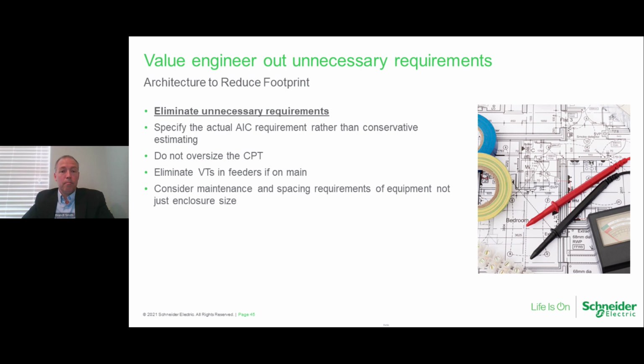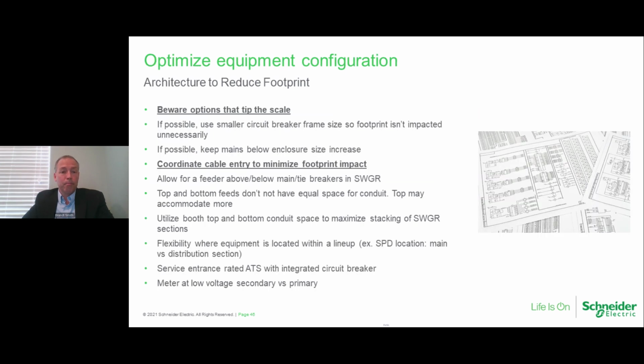It's looking at things like using smaller breaker frame sizes. I have one customer that uses the maximum breaker frame size, and they want that for every single breaker, and they'll just dial it down. The problem is, to get the same number of breakers in that switchboard, you've just significantly increased your footprint.